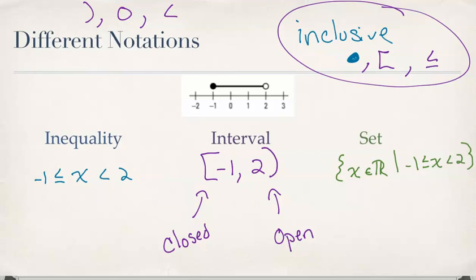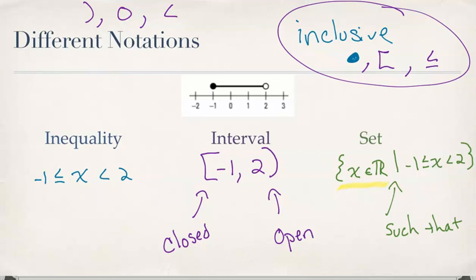Same information as inequality, just a little more formal. This line means "such that." And this section right here just tells you what set you're drawing from. Some textbooks will not put the real number part, they will just put x, and it is assumed that you're drawing from the real numbers.